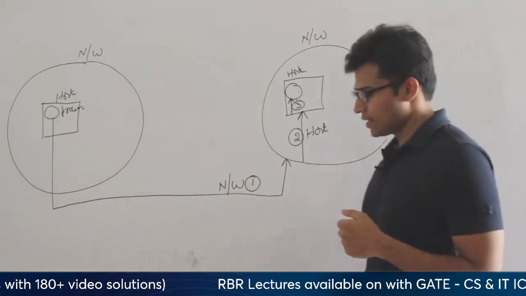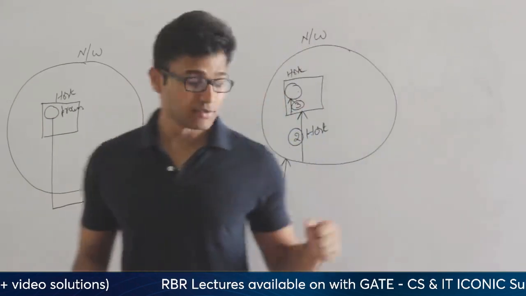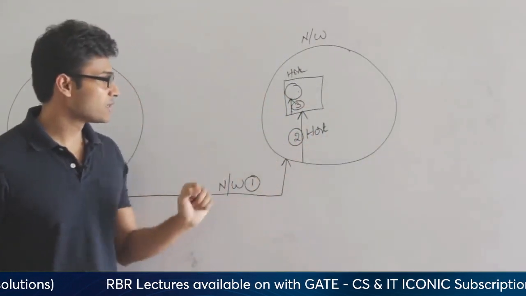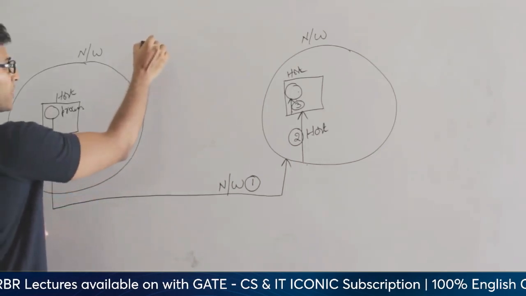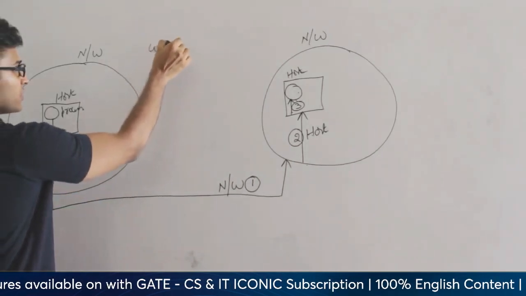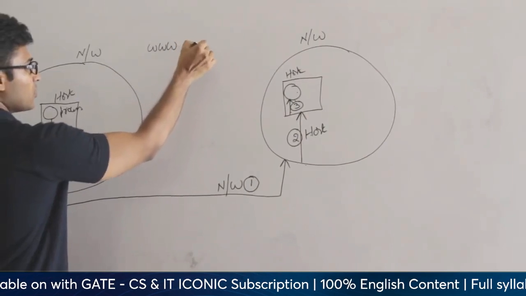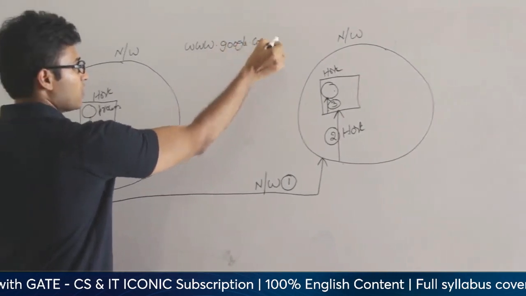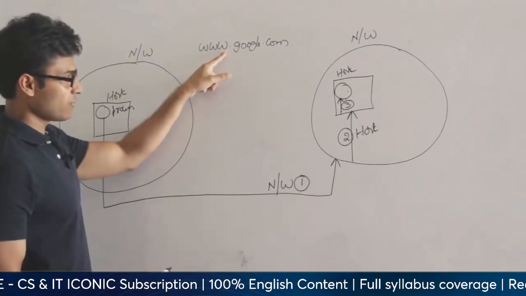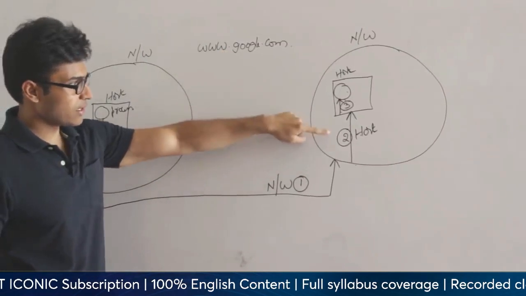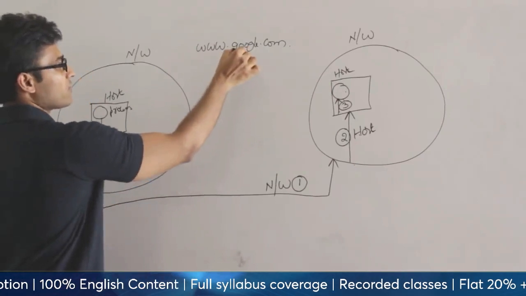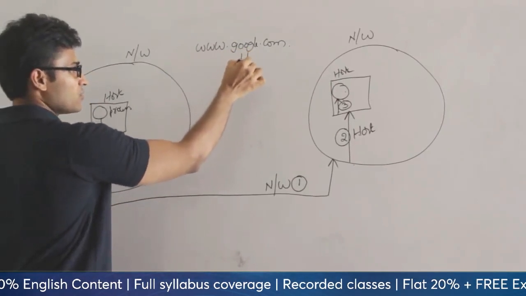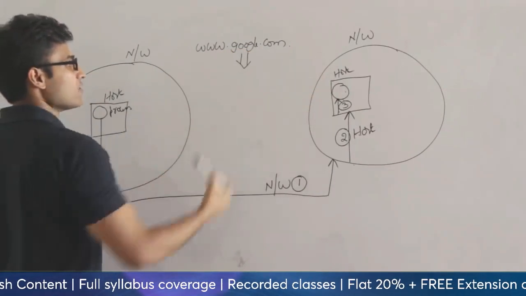So in order to identify the destination network and destination host, you have actually given only www.google.com, the domain name, right? So you gave only this, and now using this domain name we have to identify the network, then the host, and then the process, right? So somehow we have to convert this domain name into some numbers so that it can be identified.